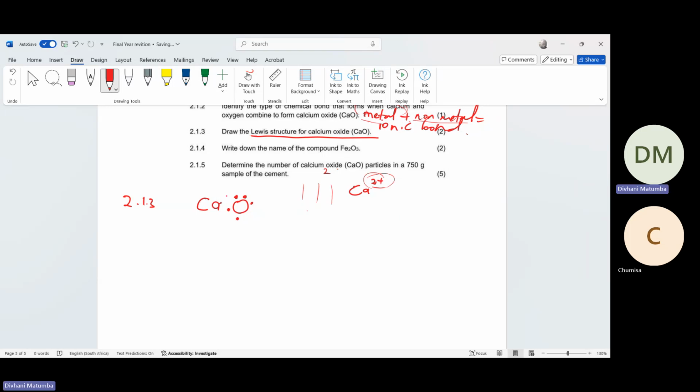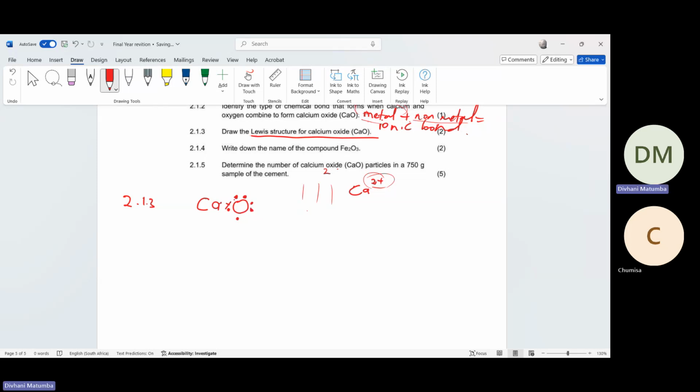And then your oxygen will gain those electrons. The other one will come there. It's actually 6, 2, 4, 6. Okay. No, actually, okay.